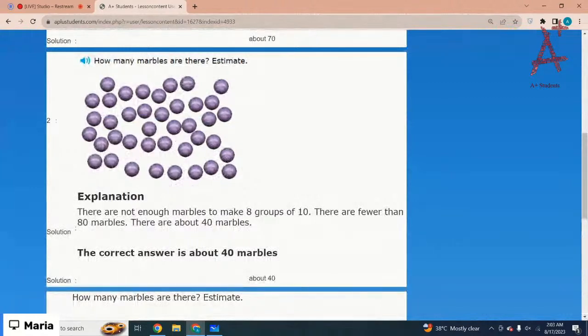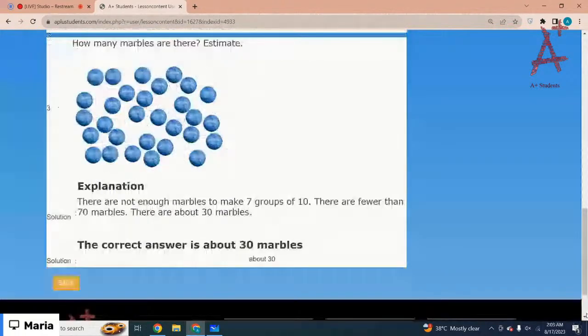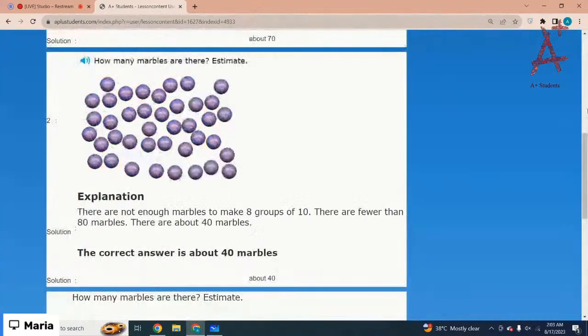Okay, the next one is how many marbles are there? Estimate. So they are not too many dots, right? So you can see there are three groups of 10 marbles, right? So you can say they are about 30 marbles. This is not the exact figure, just the estimated answer.